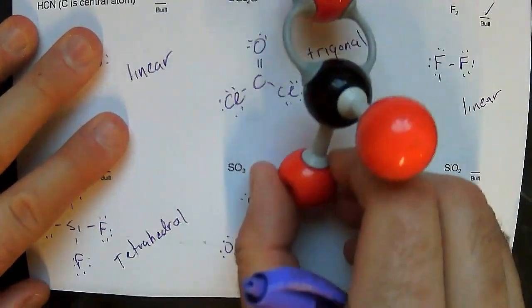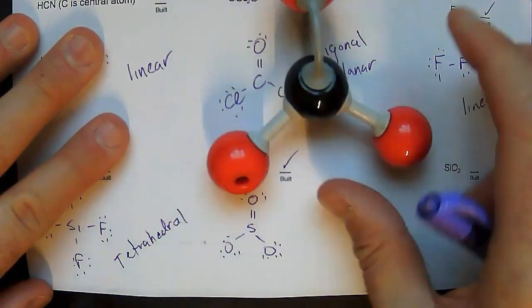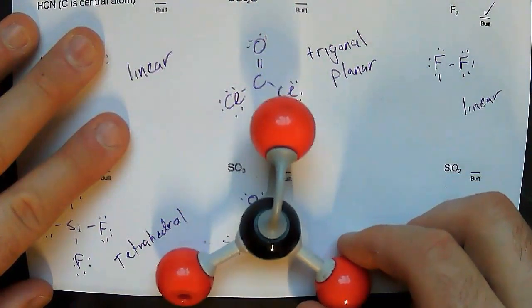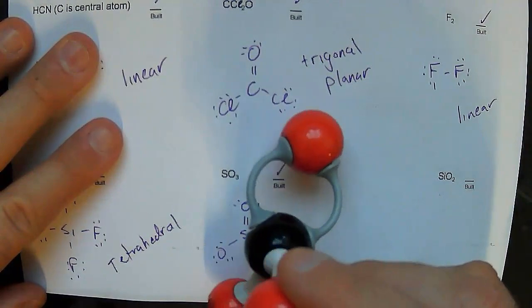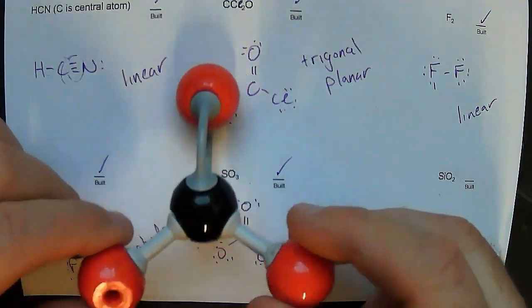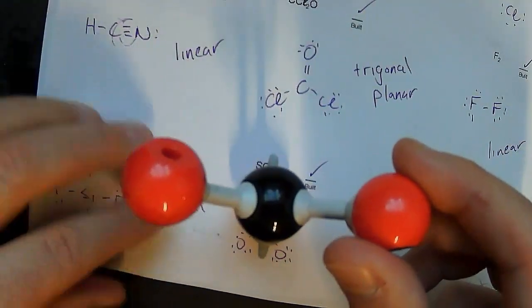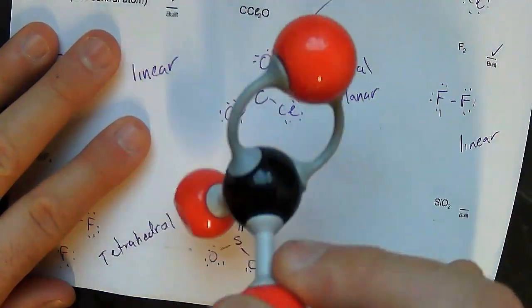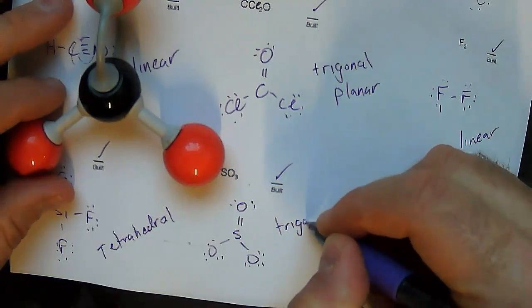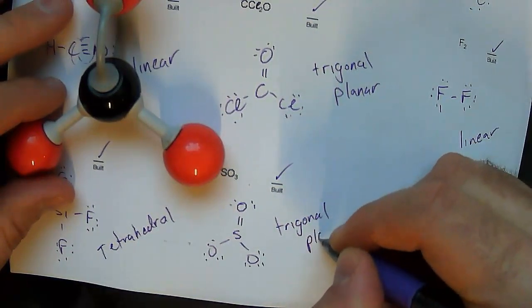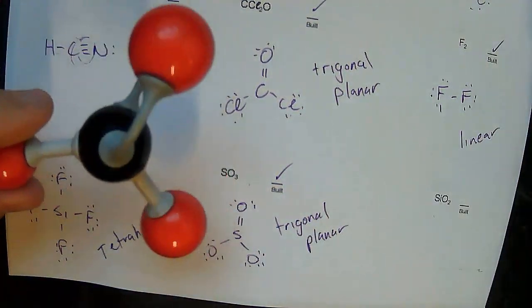So these two things are pretty much the same except the atoms that make it up. It doesn't even matter what atoms there are. It just matters how many places there are bonds. So notice it's flat, and it's triangular. So we call that trigonal planar.